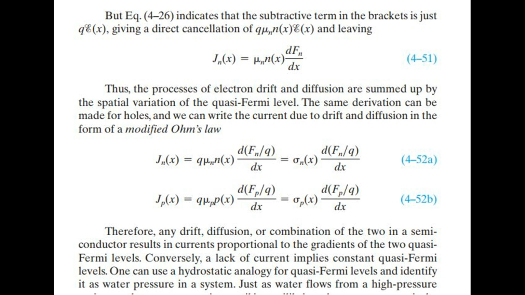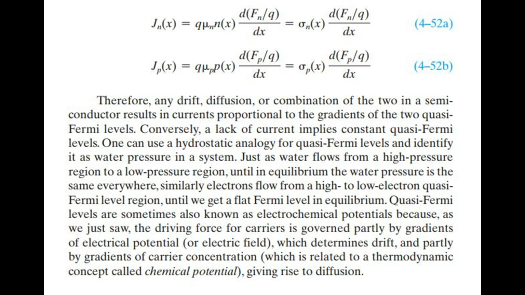Quasi-Fermi levels are sometimes also known as electrochemical potentials because, as we just saw, the driving force for carriers is governed partly by gradients of electrical potential, or electric field, which determines drift, and partly by gradients of carrier concentration, which is related to a thermodynamic concept called chemical potential, giving rise to diffusion.